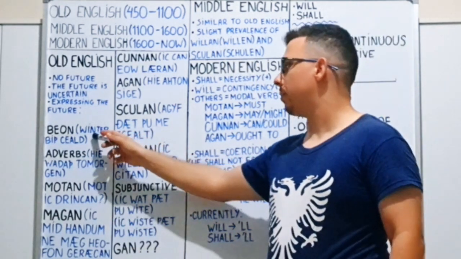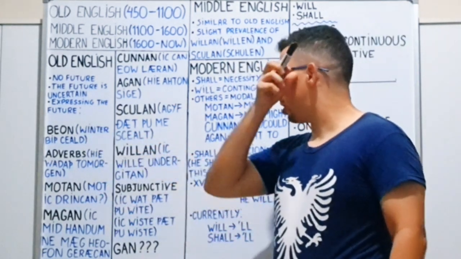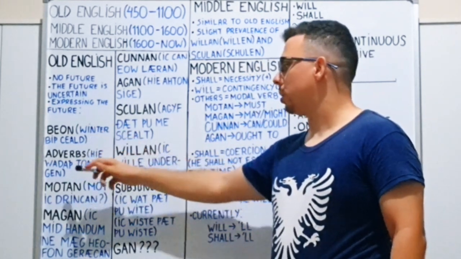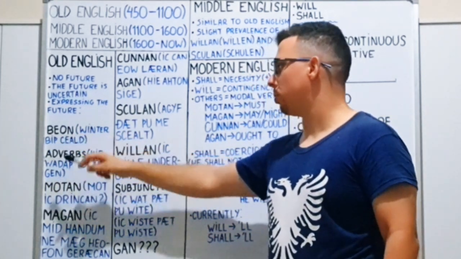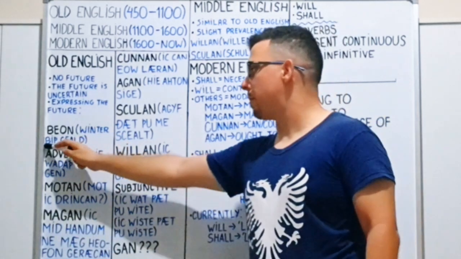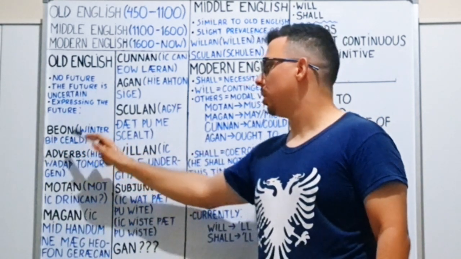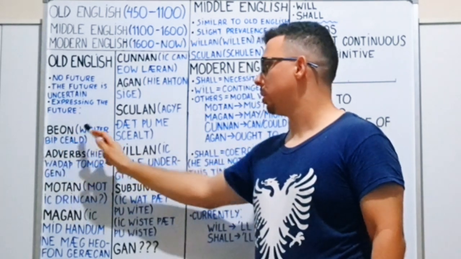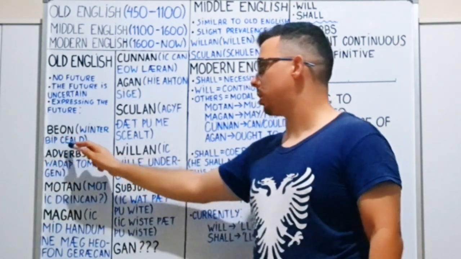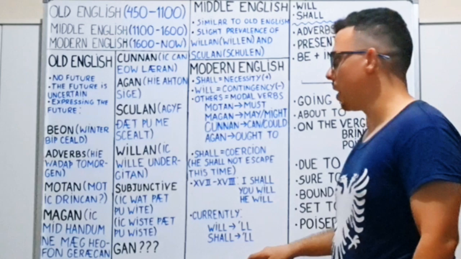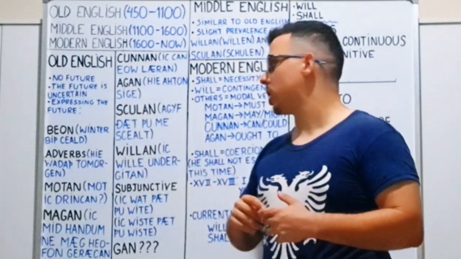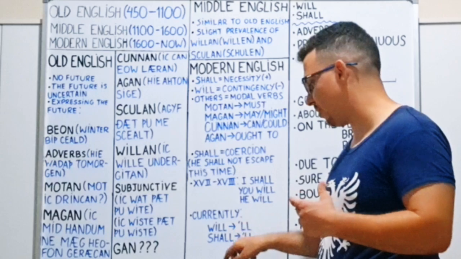And so we have a sentence here, and that's our example. Winter beeth child. Winter is cold. Right? So winter is cold. Winter beeth child. And why do I say that is future?